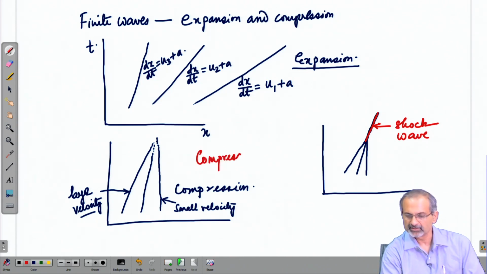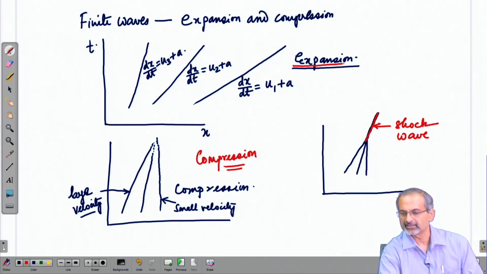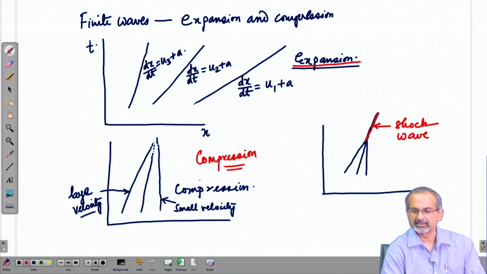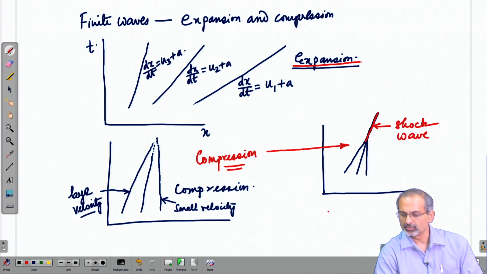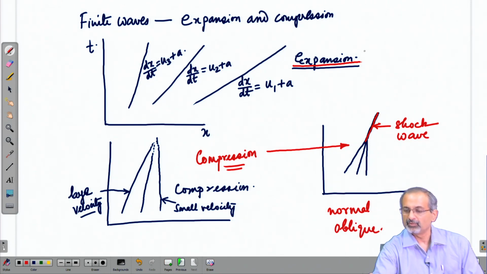This produces compression of finite waves, this produces expansion. We will later see that compression of finite waves lead to shocks, which could be of the normal or oblique kind, while when it is expansion, they produce what is called an expansion fan.